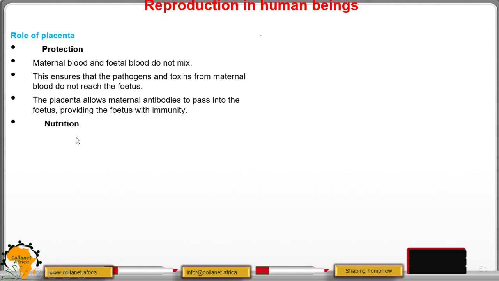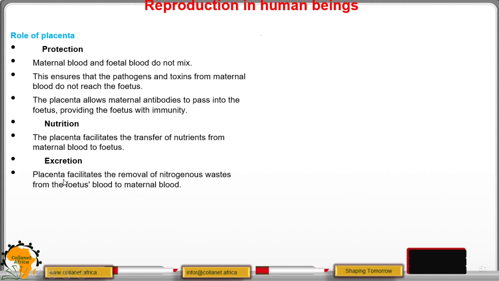The other role is nutrition. The placenta facilitates the transfer of nutrients from the mother to the fetus. The placenta also plays a role in excretion because it facilitates the removal of nitrogenous waste from the fetal blood to the maternal blood.